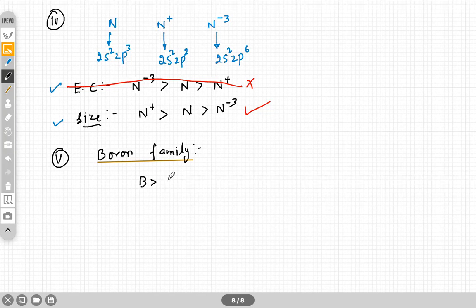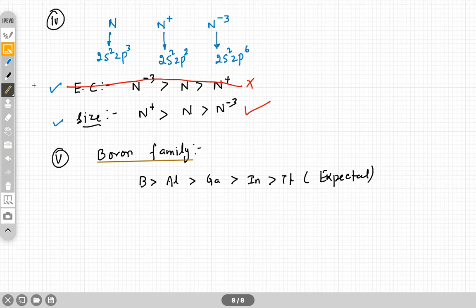So it is boron, aluminium, gallium, indium, thallium. All these questions that I'm giving you, they have asked in the exam, previous year, whether it is NEET or JEE or BITSAT or any other exam, because all these are exceptions we are doing, very important. Boron, aluminium, gallium, indium, thallium. So this was the expected order we have.